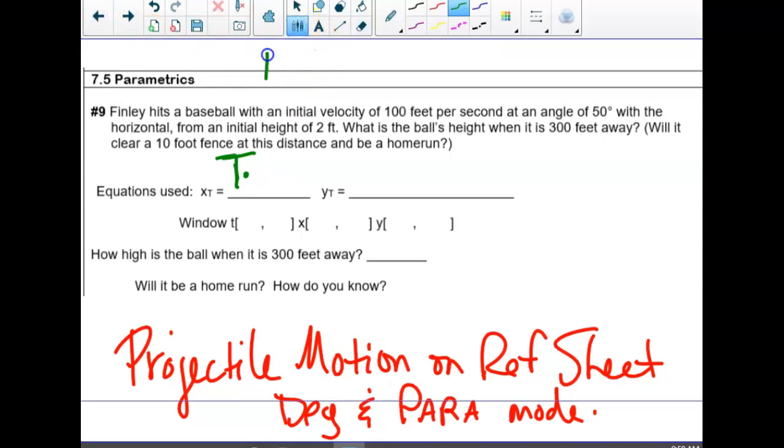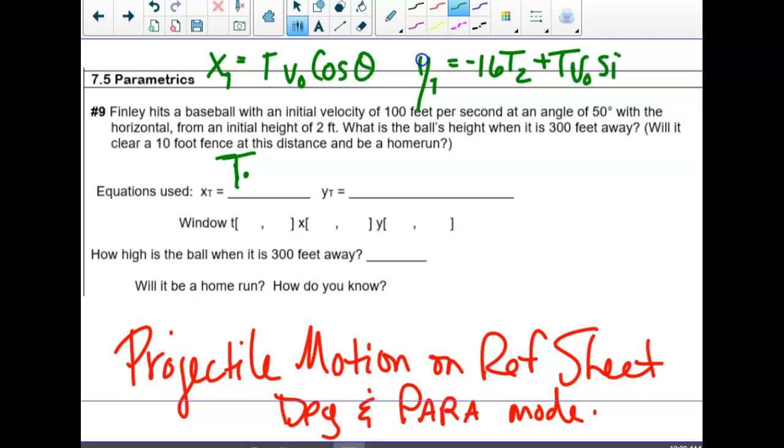Okay, on your sheet it says x of t equals t v sub 0 cosine of theta, and y of t equals negative 16t squared plus t v sub 0 sine of theta plus h sub 0. Did I get it right? Okay, so we're going to have what initial velocity, guys? 100 feet per second.